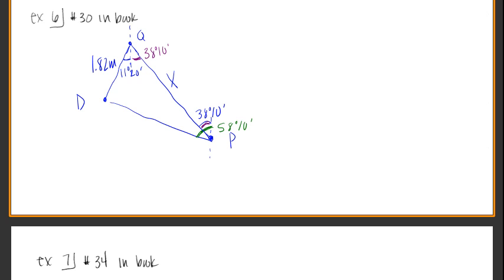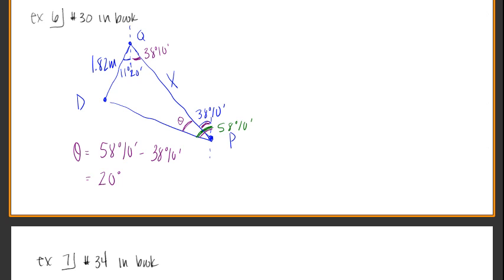If all of that is 58 degrees 10 minutes and that's 38 degrees 10 minutes, then just inside here, if we call that theta, theta is going to be 58 degrees and 10 minutes minus 38 degrees and 10 minutes. So 58 minus 38 will give you exactly 20 degrees. So that's what theta is going to be right in there.